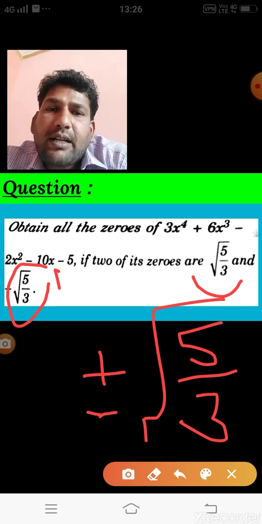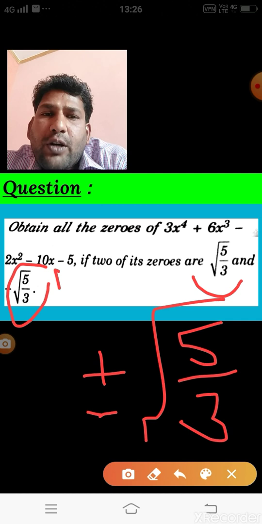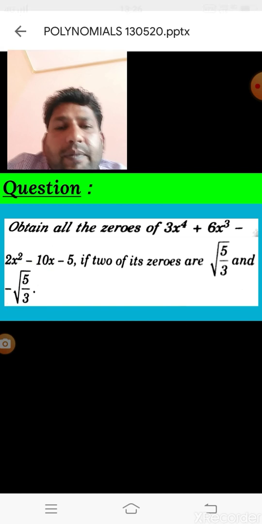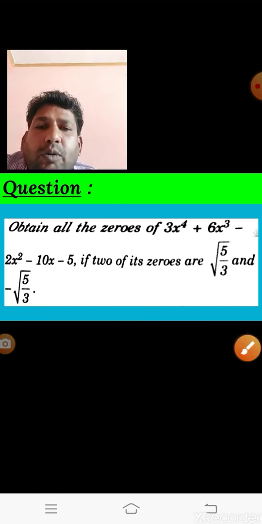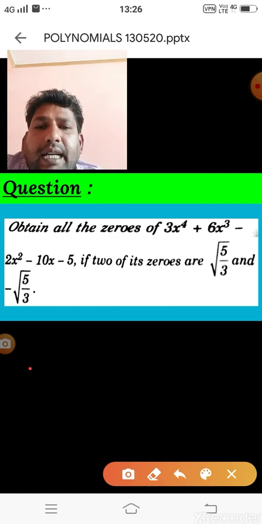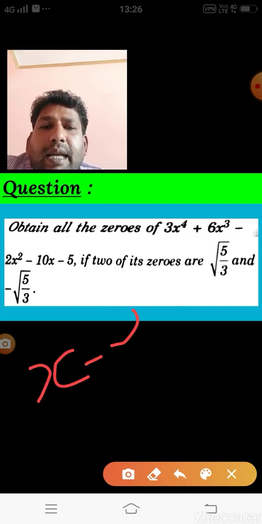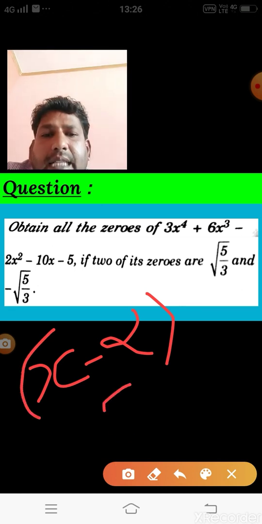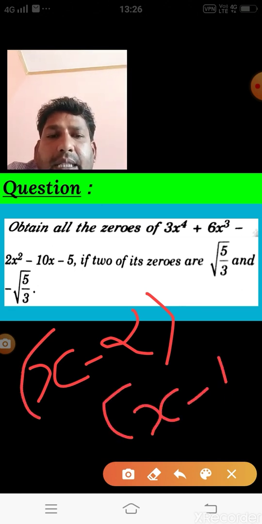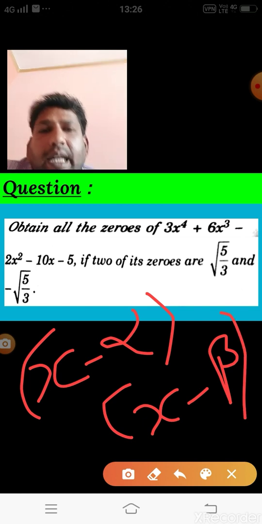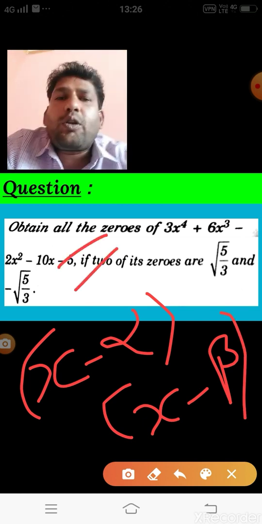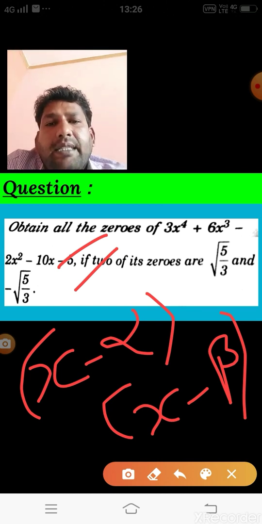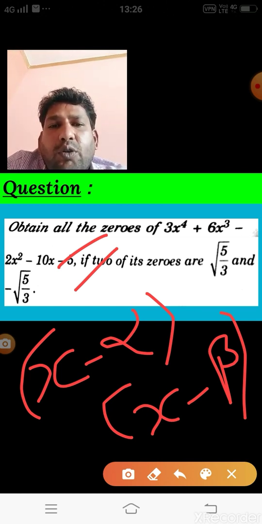Then how to get the other two zeros? What we know, if you recall the second presentation of the polynomial chapter, we went through the concept. In that one, we take the zeros as alpha and beta. Then the factors we get are x minus alpha and x minus beta, and on multiplying those two we get the required quadratic polynomial: x square minus the sum of zeros into x plus the product of zeros, by using the suitable identity.